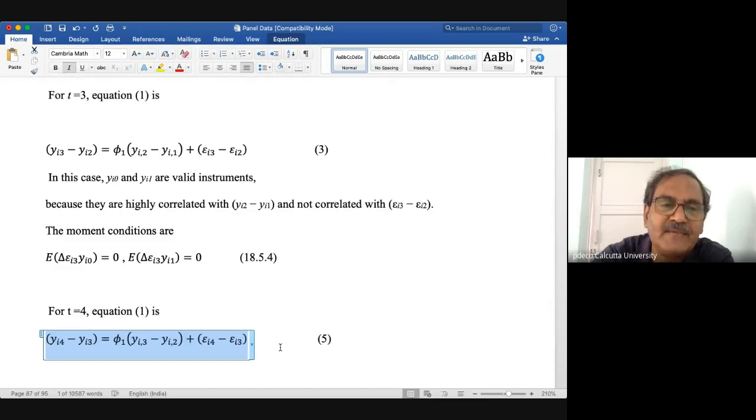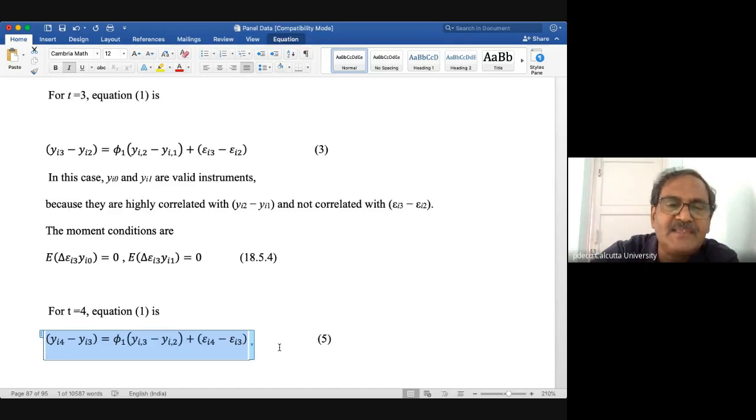We are looking at the instruments in terms of the variables, yi0, yi1, yi2. If you look at the difference form, then in each case, for example in this case, your difference equation could have delta yi2 and delta yi1; these two could be possible instruments if we consider the difference of the variable. So we can see instruments in two ways: in terms of the variable itself or in terms of the difference of the variable. We are considering instruments in terms of the variable itself. There we saw that for t is equal to 4 we have three possible instruments yi0, yi1, yi2.